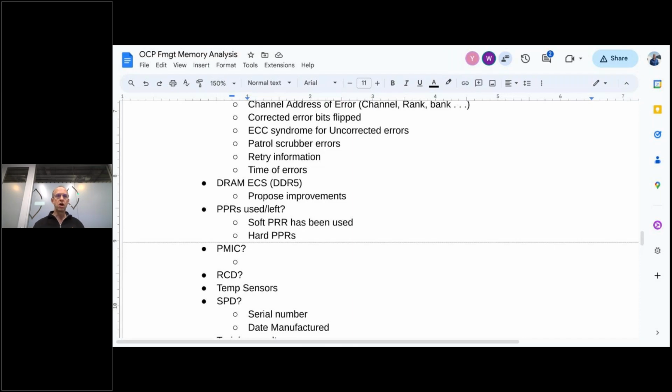Oh, absolutely. The hard PPR is very interesting, because from a cloud service provider, if I have a fleet of a million machines and I have an occasional memory error I want to fix, not having to send someone out to fix it is great. We'll have a fair number of memory failures with a large fleet. So avoiding human interaction and just doing a reboot is great, especially on our internal workloads, because at Google we have highly fault tolerant software.